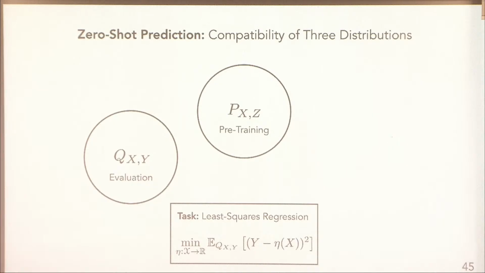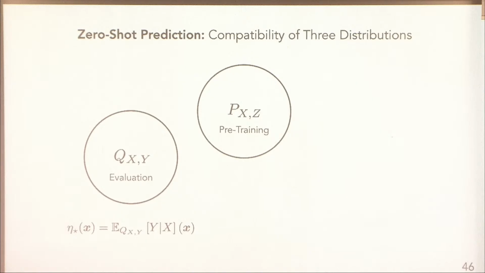And here I'm using least squares because later it will help us perform a decomposition of the risk into meaningful terms. Okay, and so this eta is the regression function in learning theory. This is just the conditional expectation under Q_XY, under the data that we don't have for the downstream task, and if we have an infinite amount of them, that's that conditional expectation.